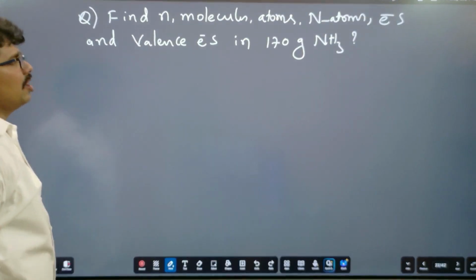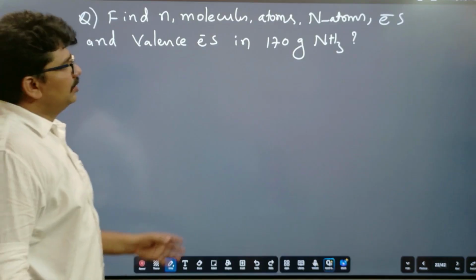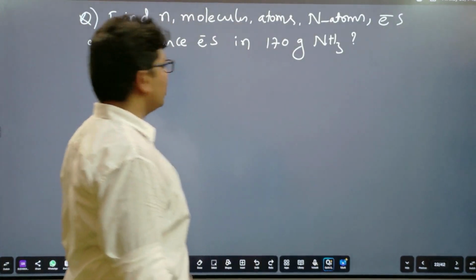We have to find moles, molecules, atoms, nitrogen atoms, electrons and valence electrons.